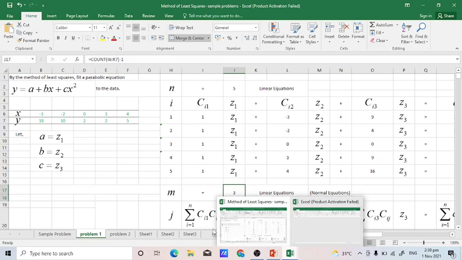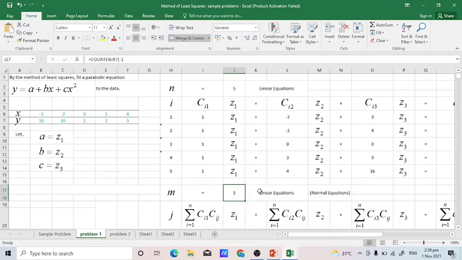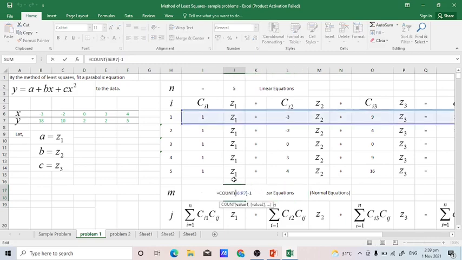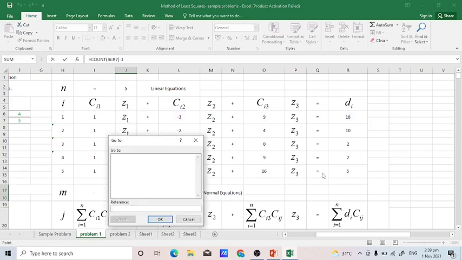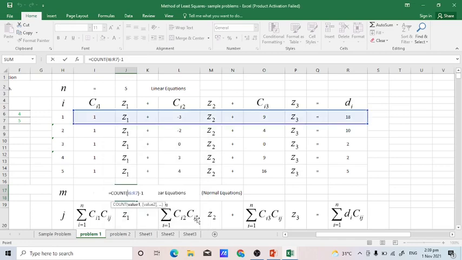So, therefore, magkakaroon ka ng 3 normal equations, no? Okay? So, yan ang ginawa ko dito, bilangin lang niya yung may mga number dito. So, 1, 2, 3, 4, minus 1. 3 na automatic. Di ba? 3 na automatic na. Okay? So, we have 3 normal equations.